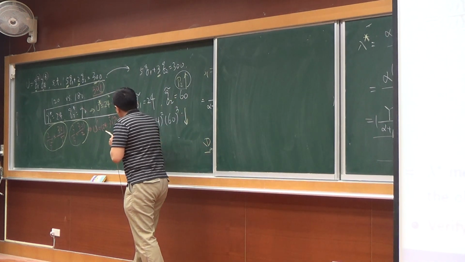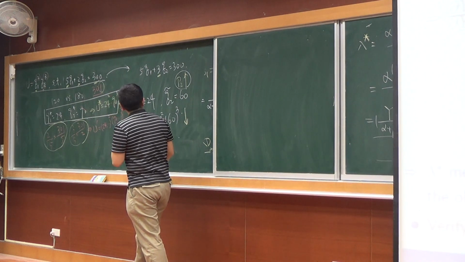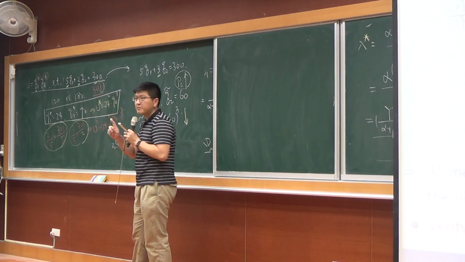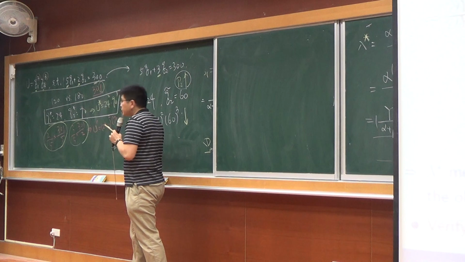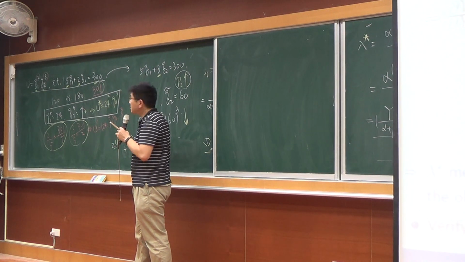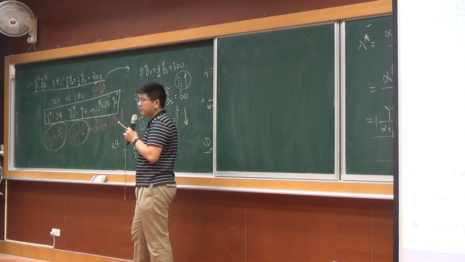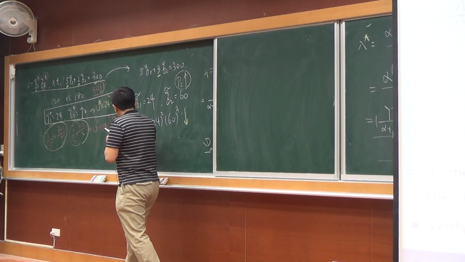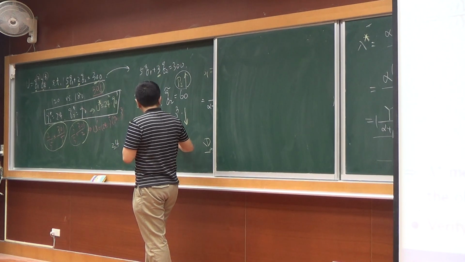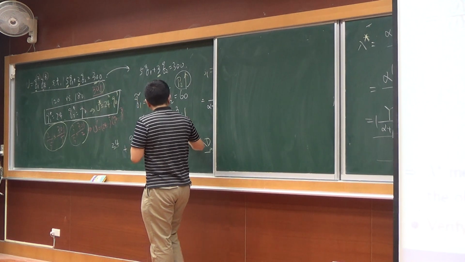But if you insist on consuming 90 units of Q2, now the price is 3, so it will be 270.